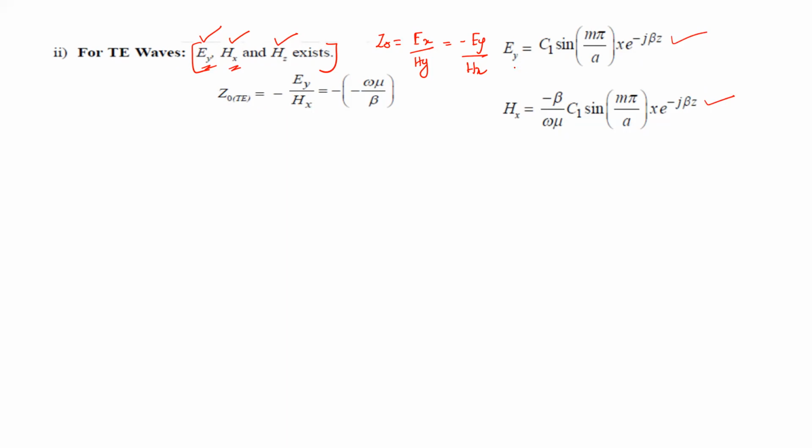So from this equation, by substituting these equations in place of Ey and Hx, these terms will cancel with each other, and we will be left with Z0 equal to minus Ey by Hx.